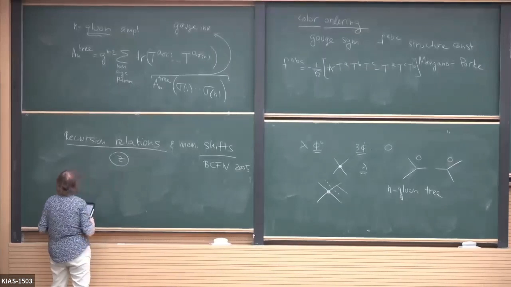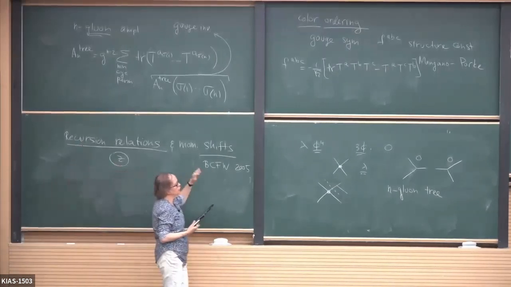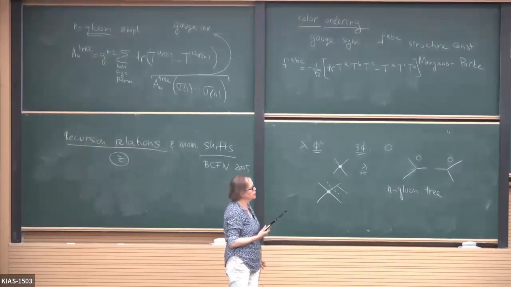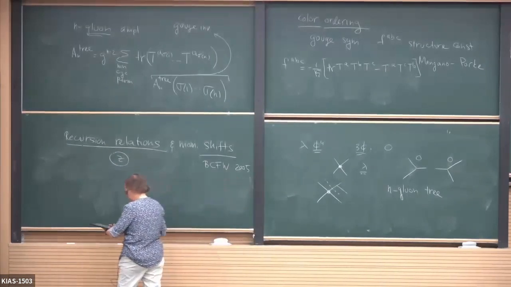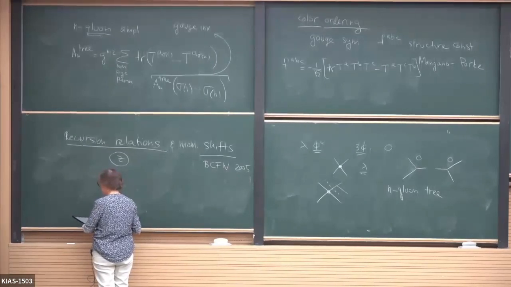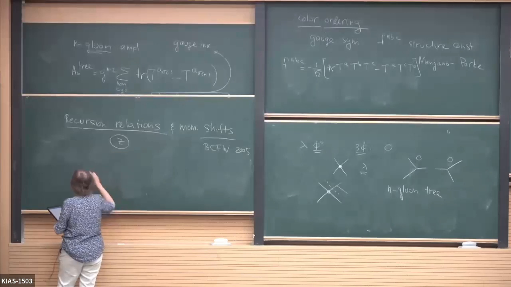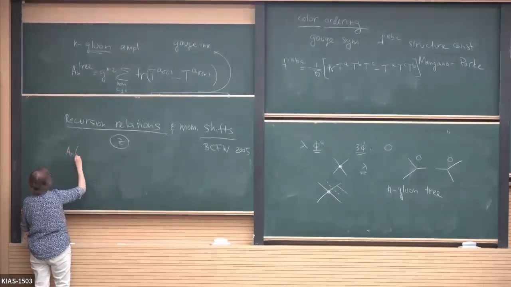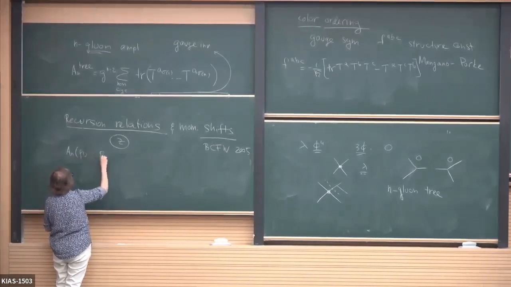And the nice thing about this is that it allows you to get closed recursion relations and in some cases obtain closed forms for n-point amplitudes. Okay, so let me describe to you how that works. So this is the idea. Suppose we are interested in an amplitude with some P1 to Pn.